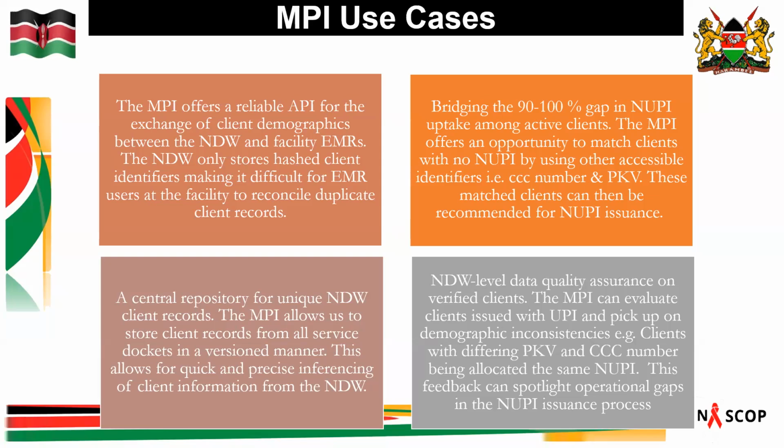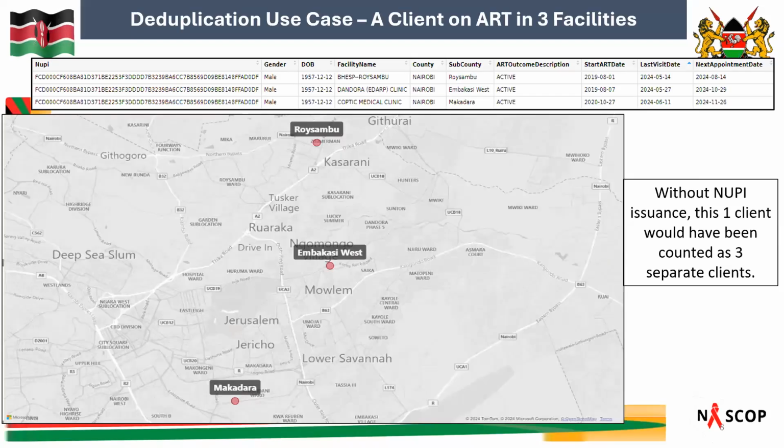And lastly, we also found a use case where we use the MPI to do data quality assurance on these verified clients, where we look at records that have been linked using UPI and see if there are any different client demographics. If conflicting demographics are found, this issue is sent to the facilities and they can correct the demographics at the facility level.